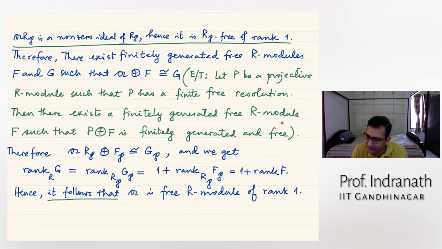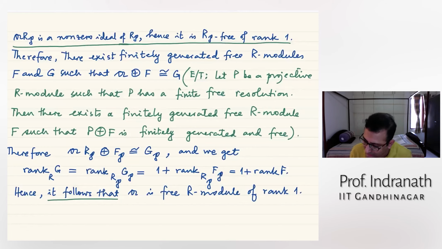Once again, a standard result, but we have to make note of it. With F and G finitely generated free R modules, if you localize, you have free all over. So the rank of G over R is the same as this, and this is rank 1, the rank of F_P over R_P. So this is 1 plus the rank of F. Hence it follows that A is a free R module of rank 1.